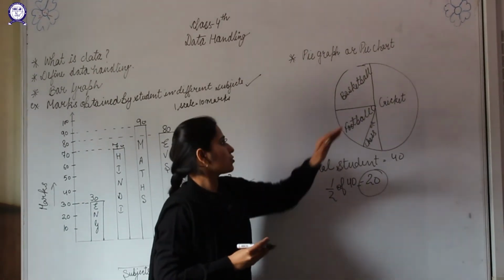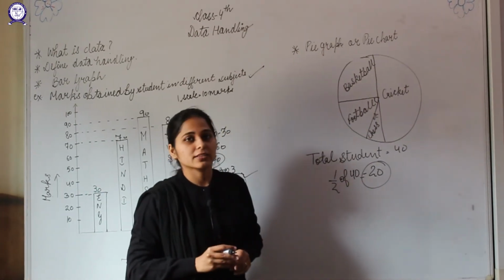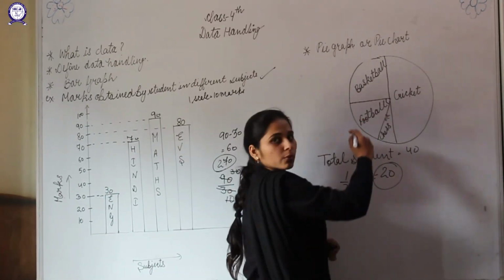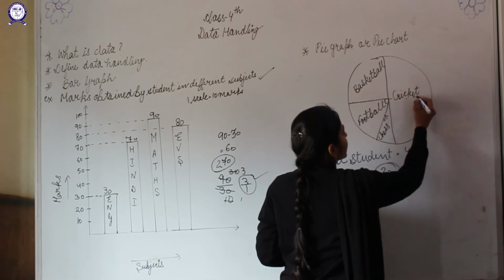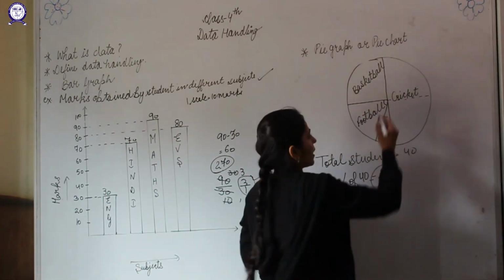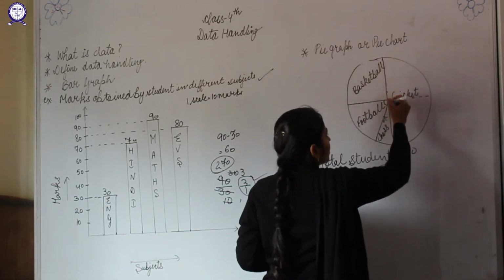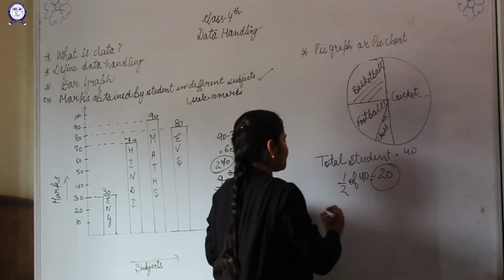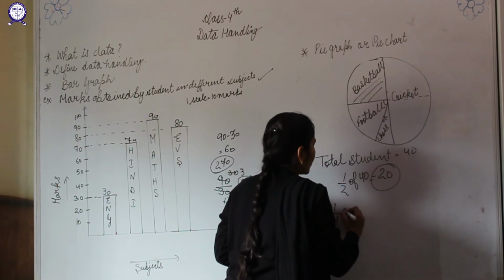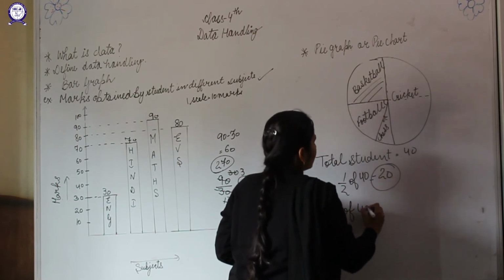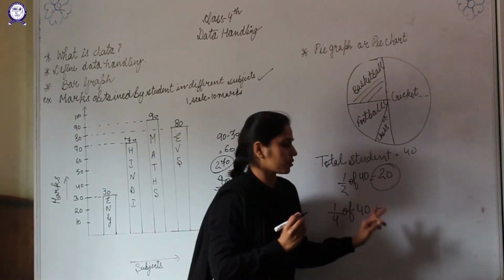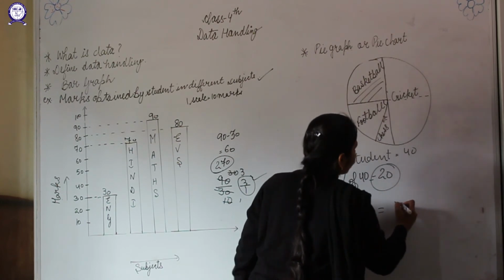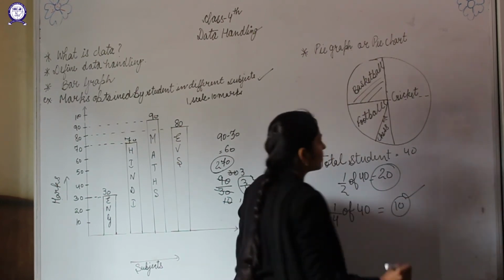And if we are asked how many students like basketball, basketball is one quadrant, meaning if we divide the circle into 4 equal parts with the help of these two lines, this area is covering 1/4. So how many students? 40 divided by 4, 10 students like basketball.